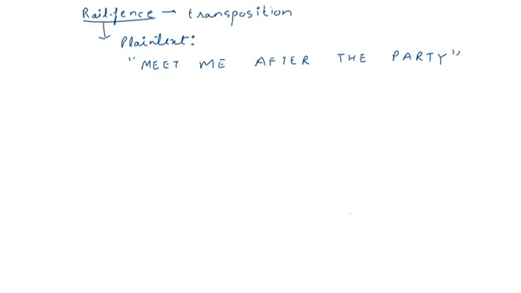We will write it with a depth of 2, like road fencing. It means M E, then we start from here E T M E A F T E R T H E P A R T and Y.